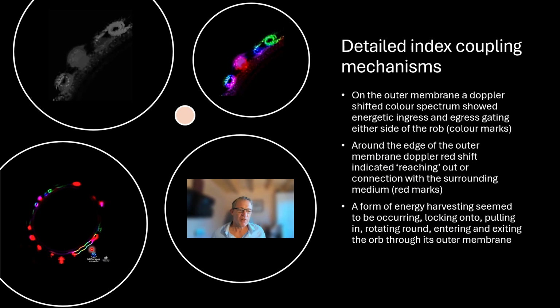Remember, energetic ingress through here, spun around through the layers, toroidal vortex, nucleated core, and then egress on the outside. And these red Doppler shifted nodes appear as it spins like a lock and key and valve indexing, and then couples and spins and couples and spins and couples. So those two things are going on simultaneously on the outer surface or membrane of the orb.